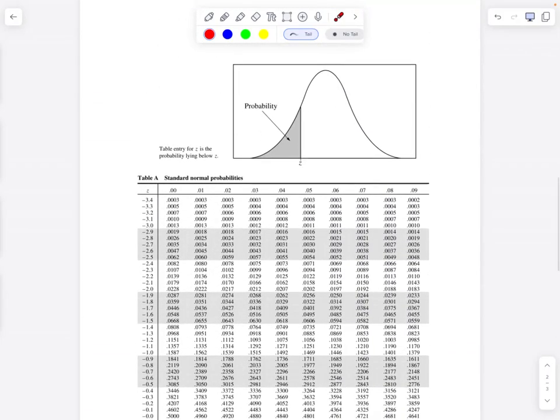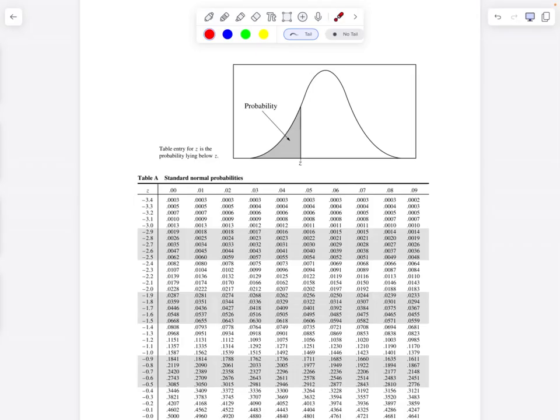Look at all these numbers inside the middle. Those numbers represent the areas. How do I read it though? The way this table is made is that these are the z-scores on the outside.